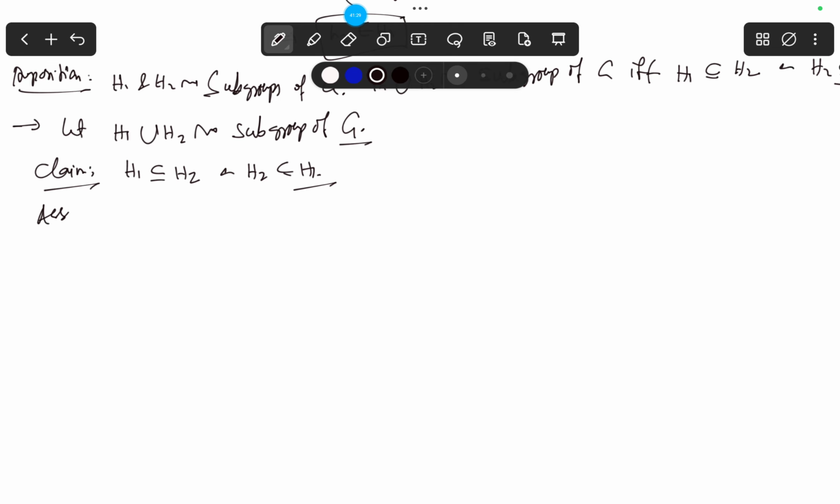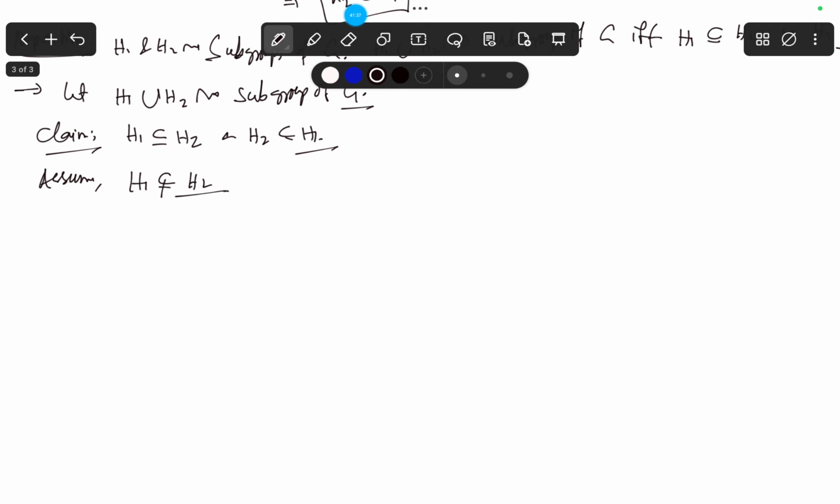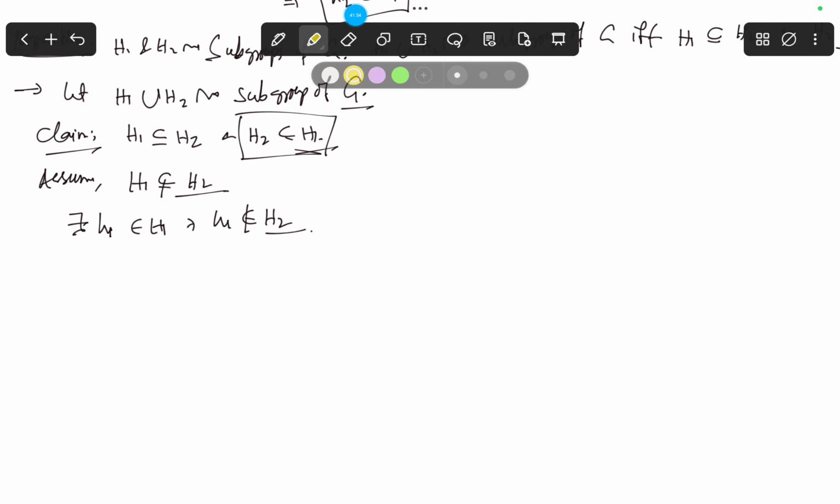So let us assume that H1 is not inside H2. Okay. So then there exists some h1 belonging to capital H1 such that h1 does not belong to H2. So my target is to prove that H2 is inside H1.